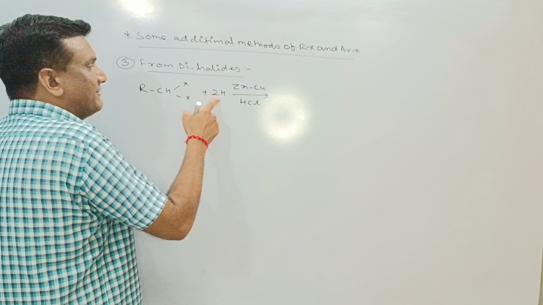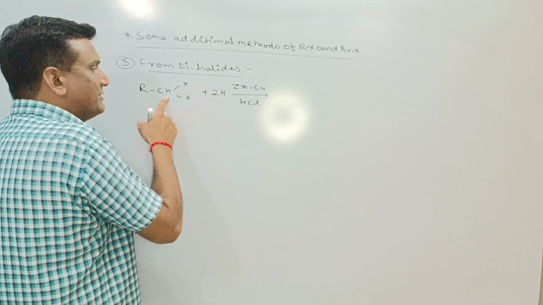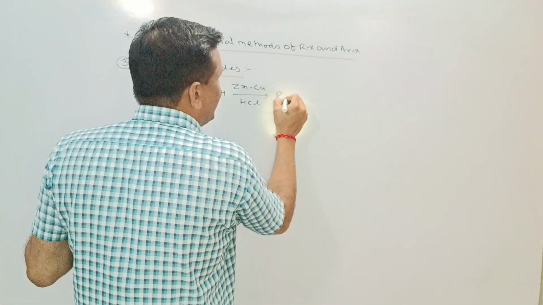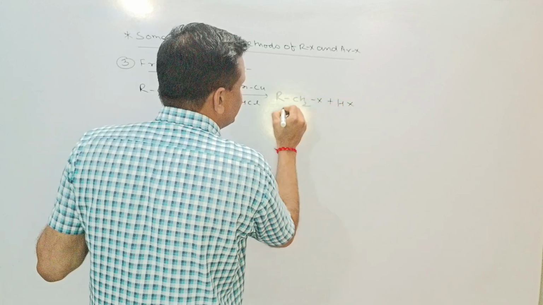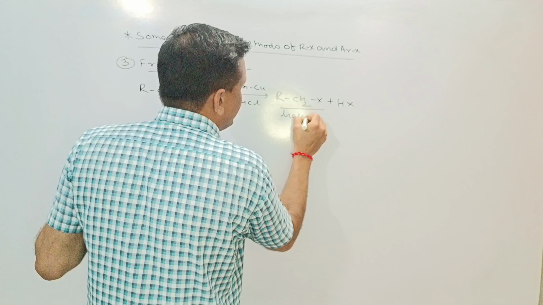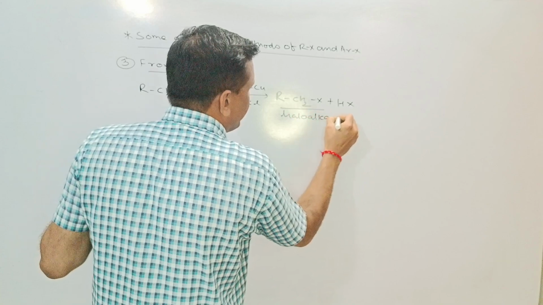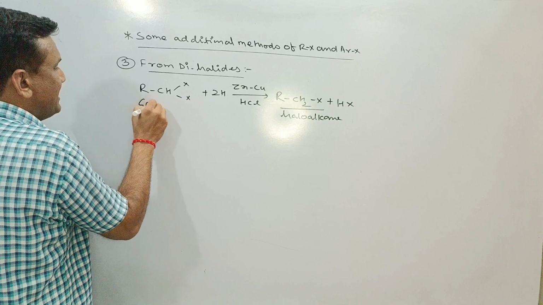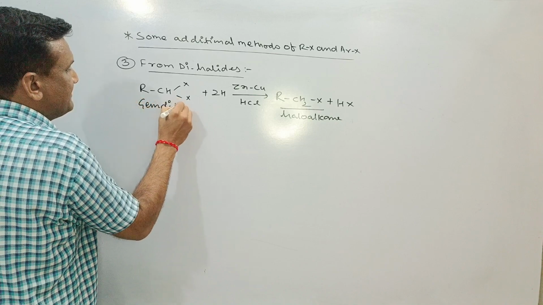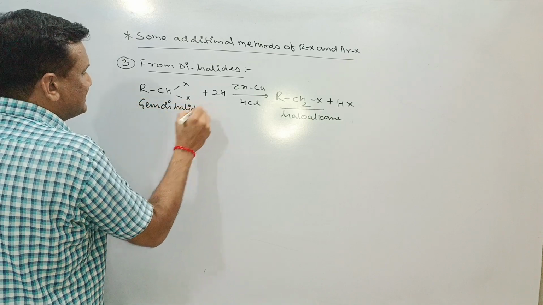So here will be one of the HCl and one H will be over here. So here will be formation of RCH2X with the removal of HX. This is the haloalkane. This was about the gem dihalide.